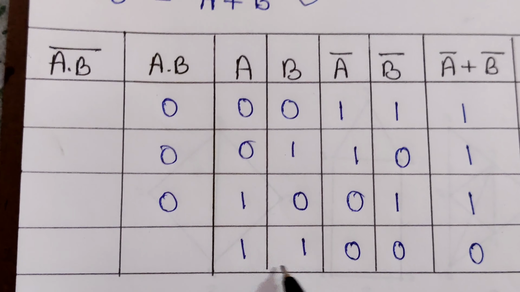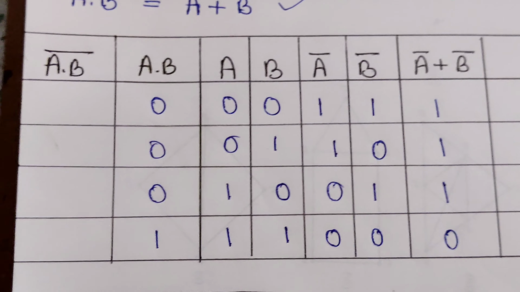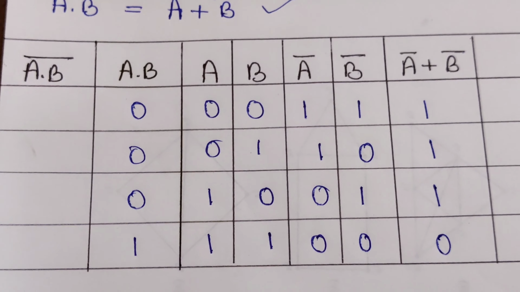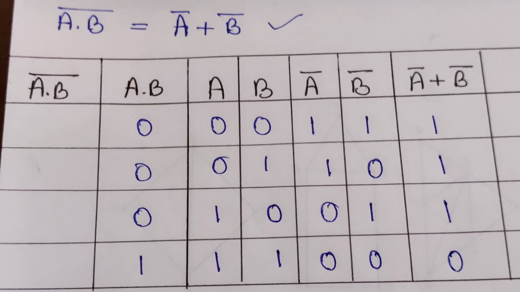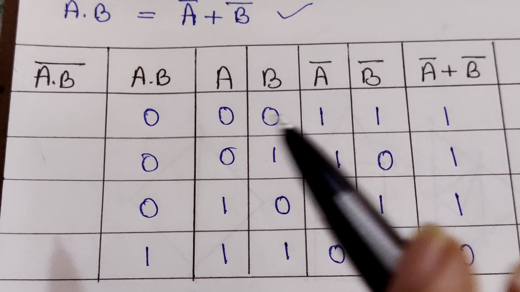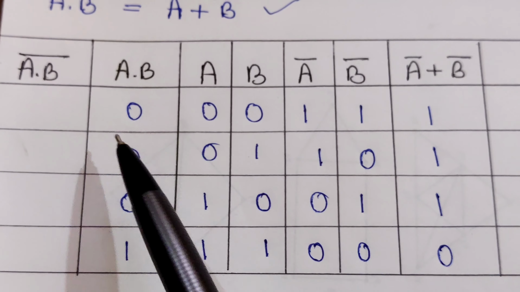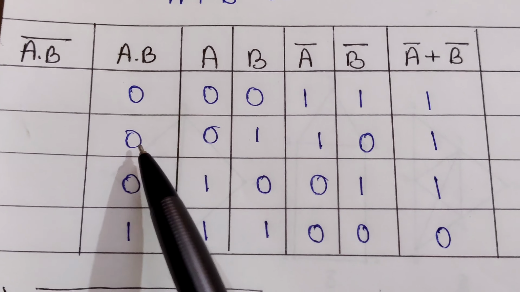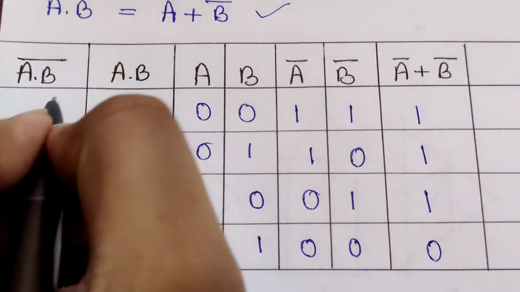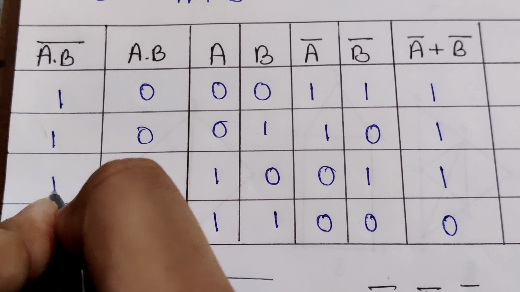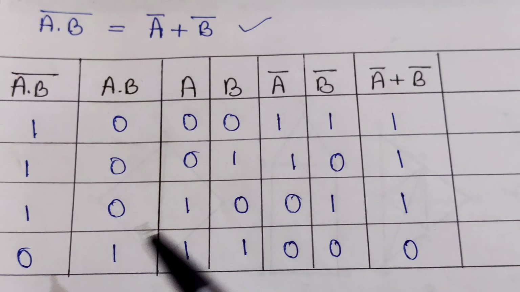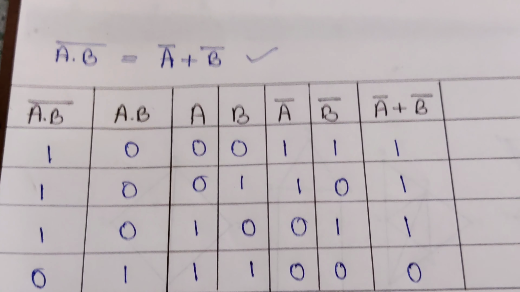Here both the inputs are 1, hence the output is 1. Now I will make the complement of it, that means (A and B) complement. So wherever there is 0, we will change it to 1, and 1 will be changed to 0. So here it will be 1 1 1 0, just complementing this part. So we have got the LHS also.